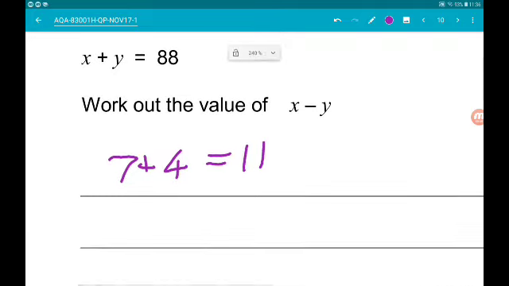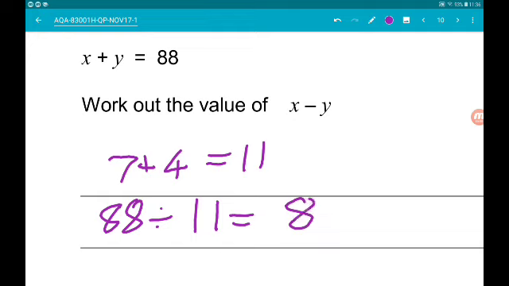Now 88 divided by 11 is 8. So that means the sum of x and y has to be 8 times greater than 11. So that means x needs to be 8 times more than 7, and y needs to be 8 times more than 4.